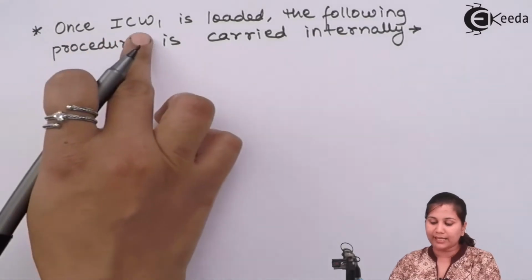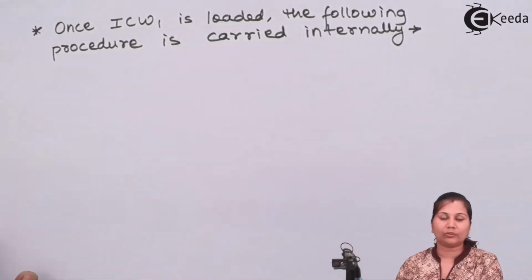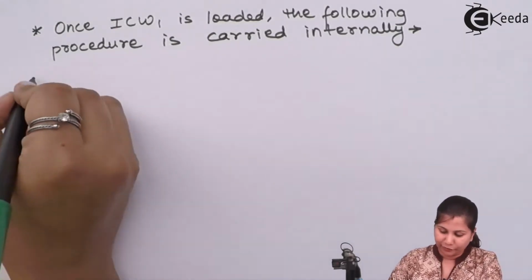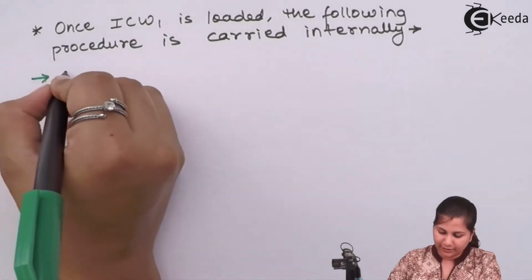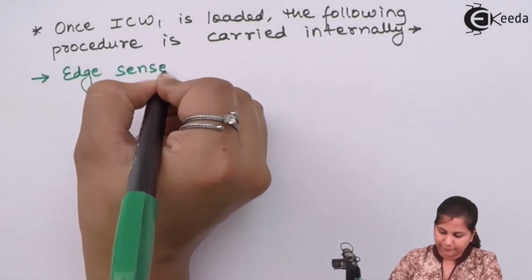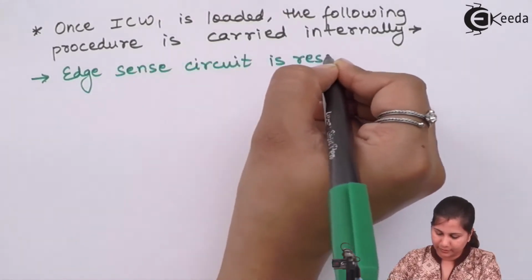Now, once this ICW1 is loaded, the following procedure is carried out in the 8259 internally. The first step in this is that the edge sense circuit is reset.